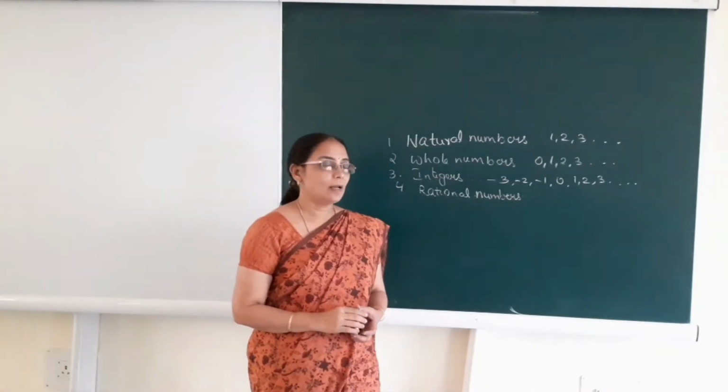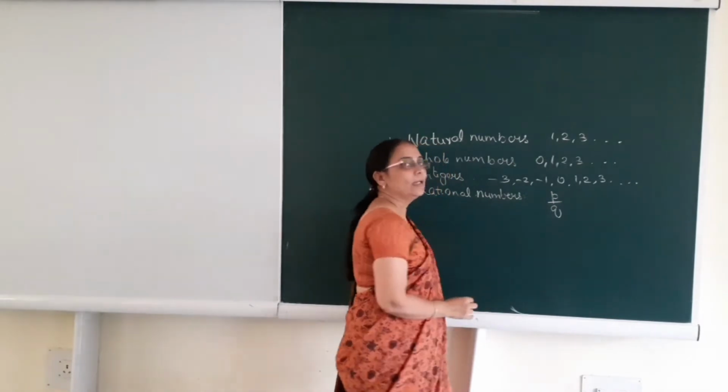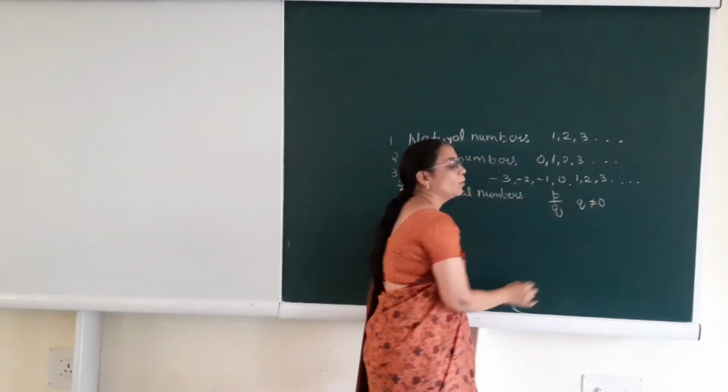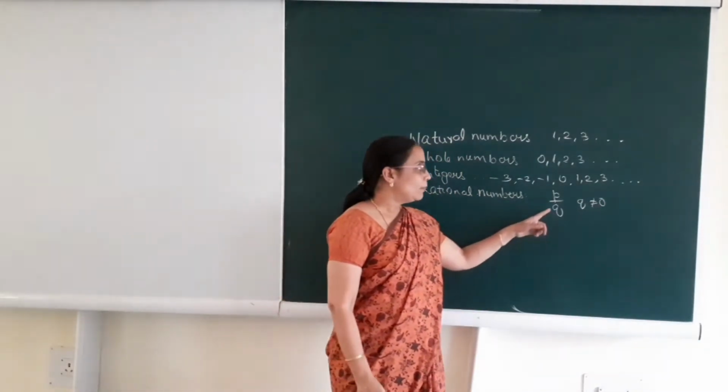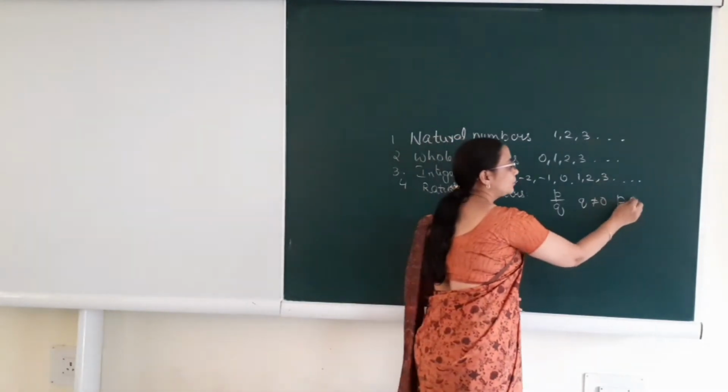Rational numbers are numbers which are expressed in the form of p by q, where q is not equal to 0. What does it mean? It means that p is an integer.